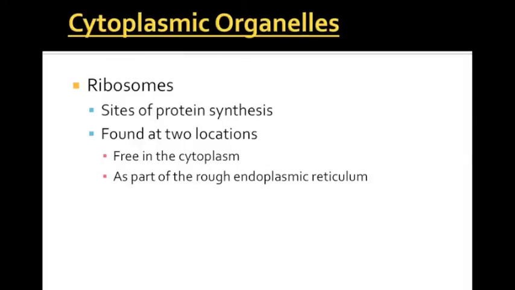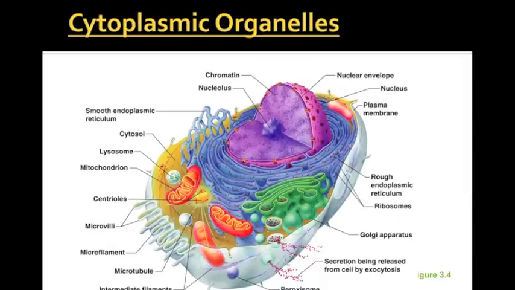There's two places ribosomes are found. The first is along this maze-like network, the blue here, which is called the endoplasmic reticulum, and we actually call this rough endoplasmic reticulum because the ribosomes make it bumpy or rough. Again, the function of a ribosome is protein synthesis.